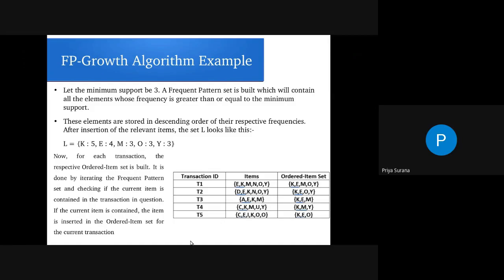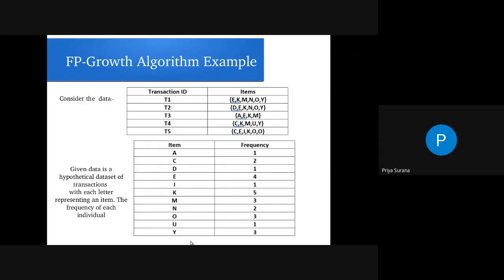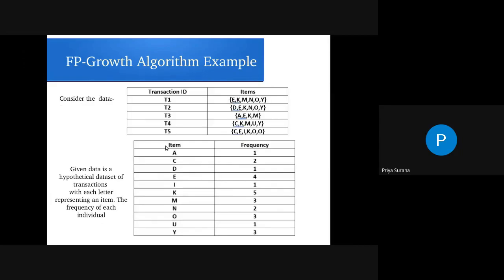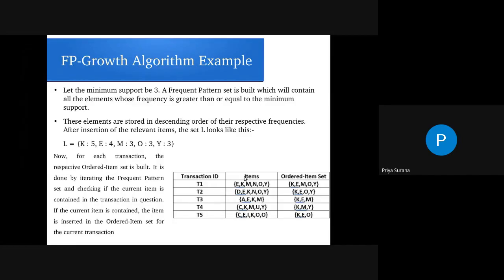If we check the previous table, we have checked the frequency for each item, and here we will consider only items whose frequency is at least 3. So which are those items? That is K5, E4, M3, O3, Y3. You can check here also K, E, M, O, Y have frequency of at least 3, that is, they meet the minimum support of 3.